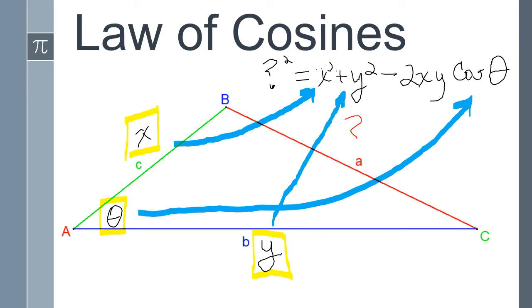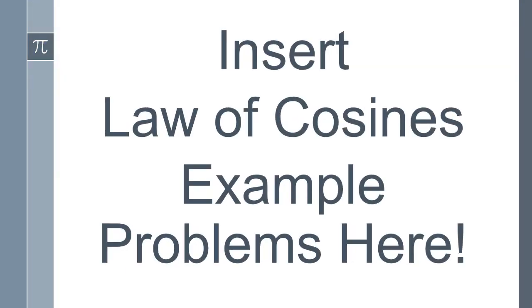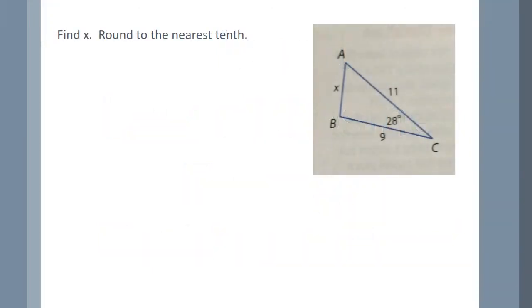Okay, so let's do some problems, and maybe it'll make a little bit more sense as we work along. So we don't know x. We're going to plug this all in again.